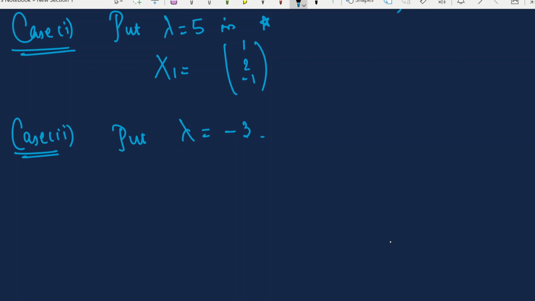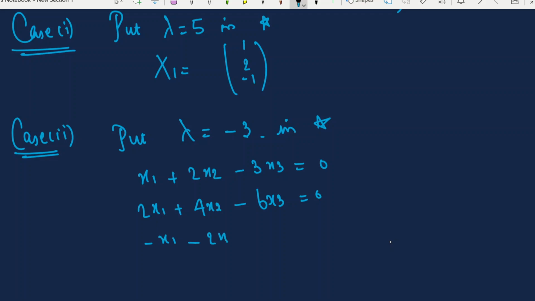So first lambda equal 5, the eigenvector x1 value is represented here, and next put lambda is equal to minus 3 in star. So when you are substituting lambda is equal to minus 3, the equations will become x1 plus 2x2 minus 3x3 equals 0. 2x1 plus 4x2 minus 6x3 equals 0.